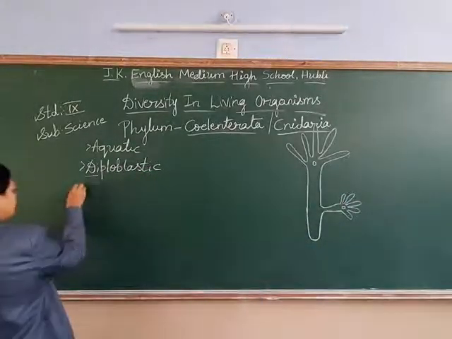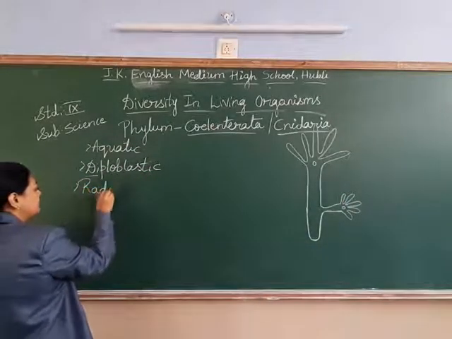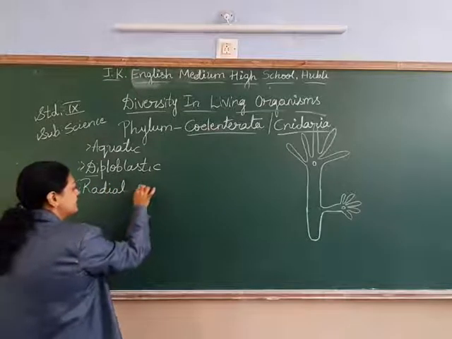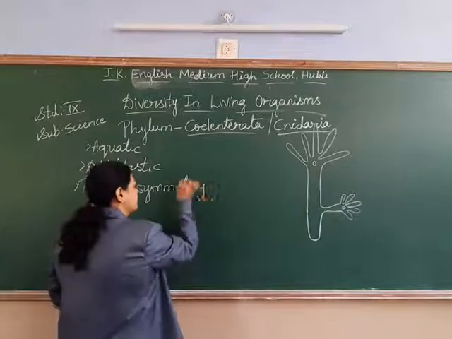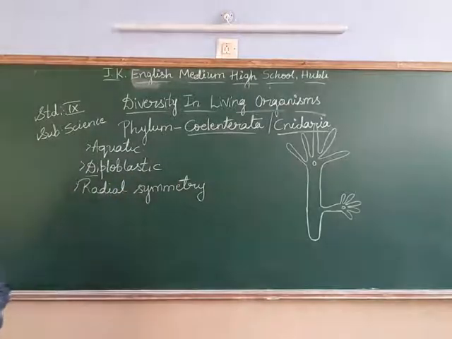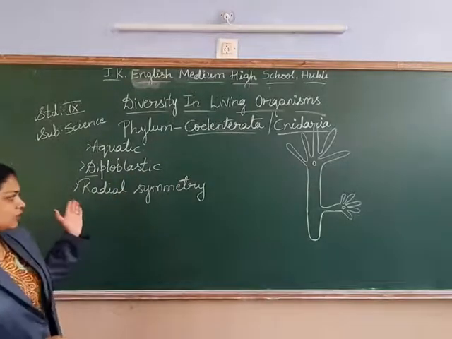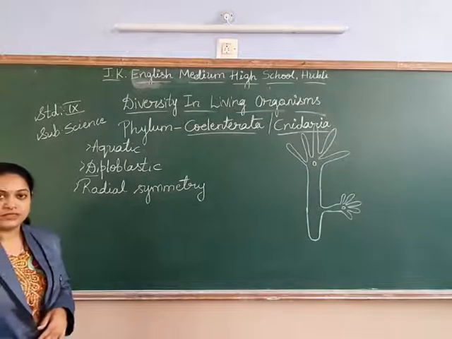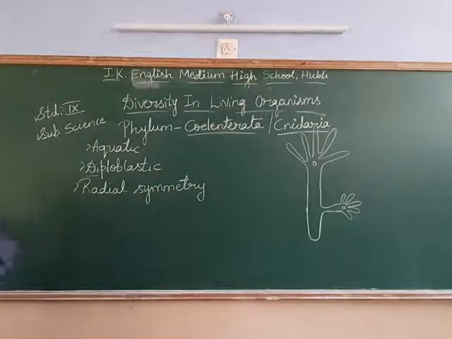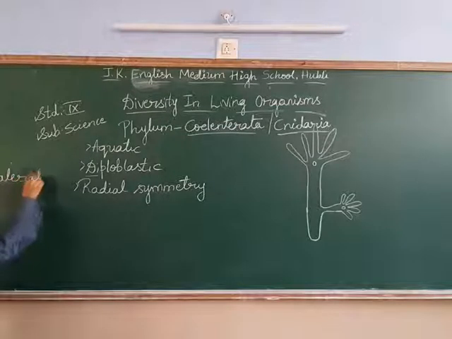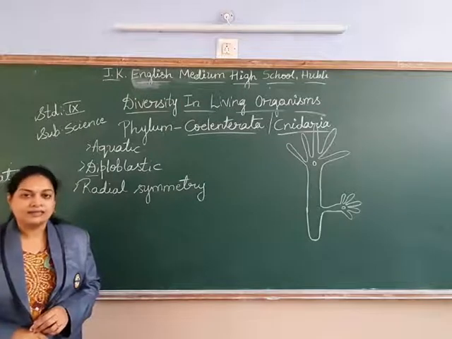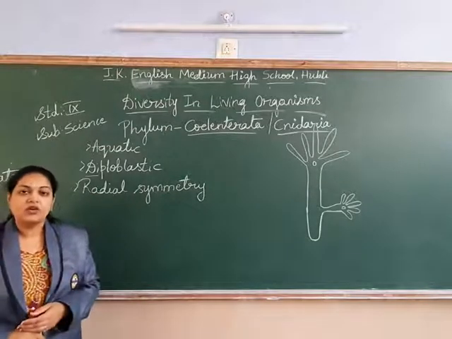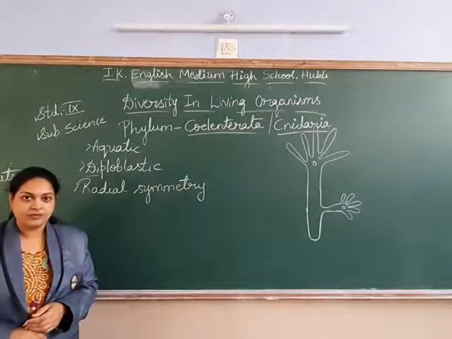The next character, these have radial symmetry. What is this radial symmetry? Students, actually there are 2 types of symmetry. One is radial symmetry, one is bilateral symmetry. What is the meaning of bilateral symmetry?